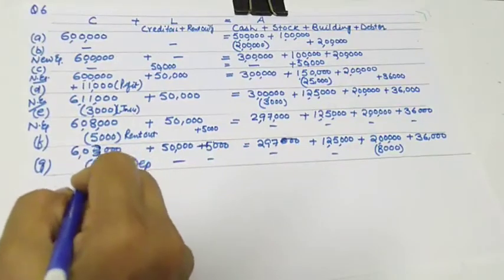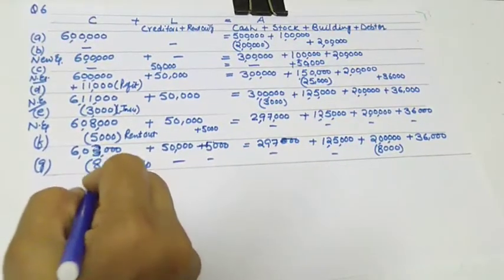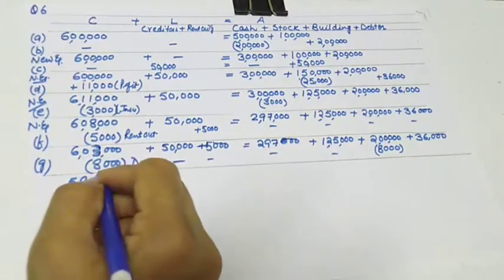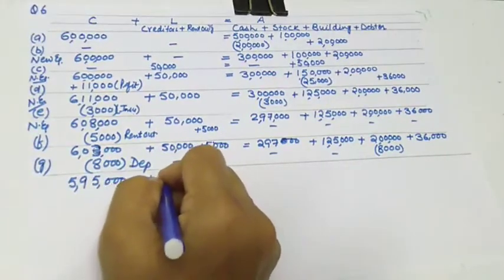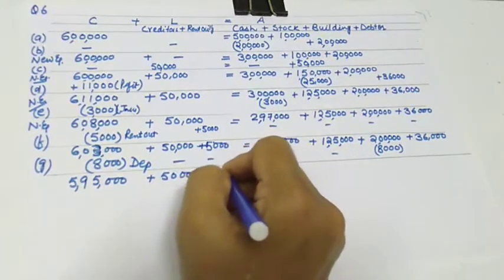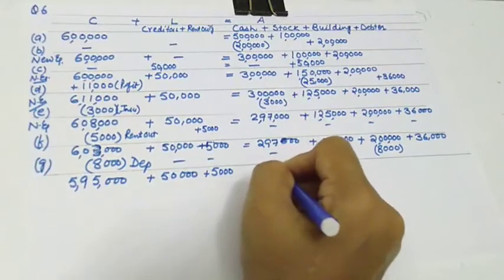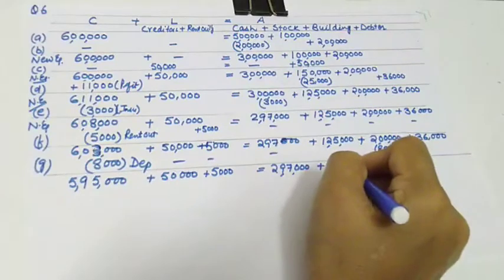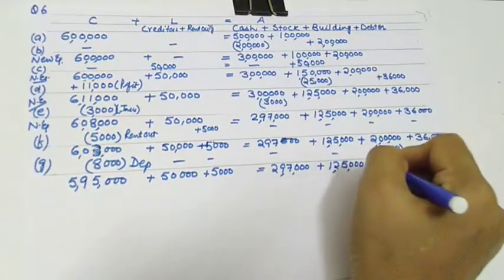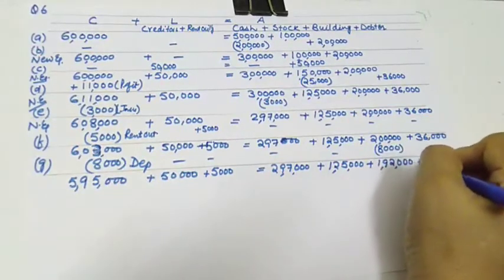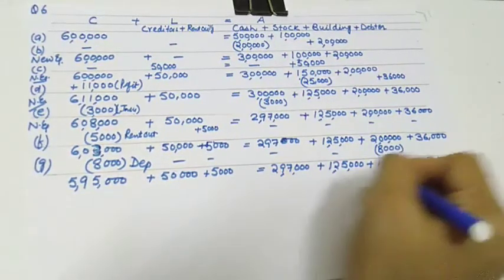So your new equation will be 5 lakh 95,000 here and 50,000 as it is, then 5,000 as it is equal to 297 as it is. No change here also, but your building will reduce by 8,000. So now the new value of the building will be 1,92 and 36, and the total of both the sides are equal.